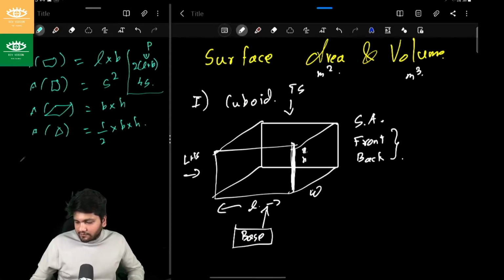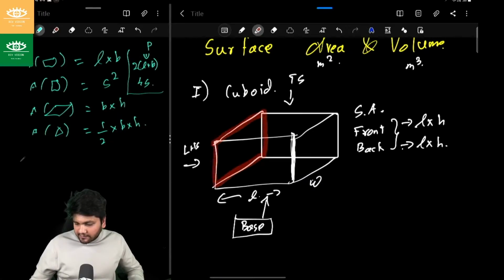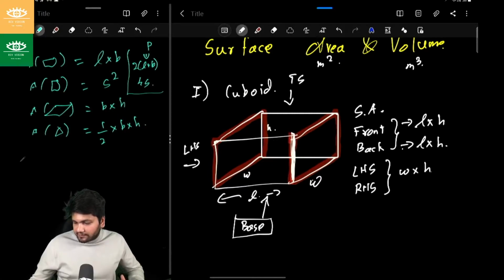So the area of the front is going to be L into H, and for the back it is again L into H. If we talk about the left hand side and right hand side, as you can see, it's a rectangle like this, and these two rectangles are also the same. The area of the left hand side is going to be width into height, and the RHS is also width into height.